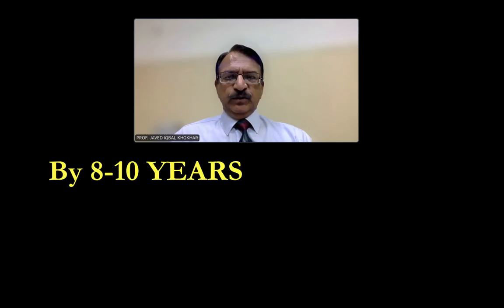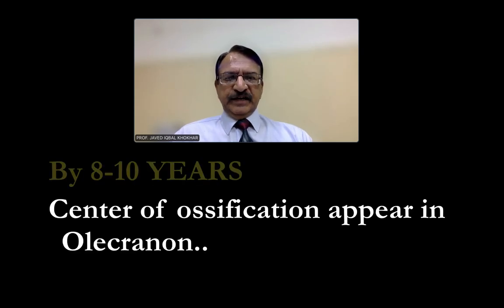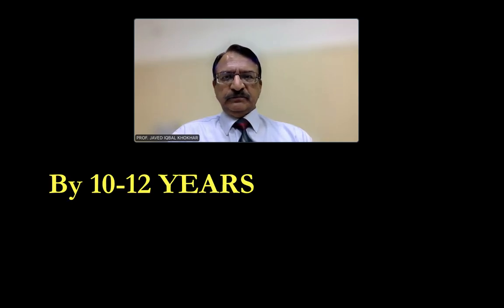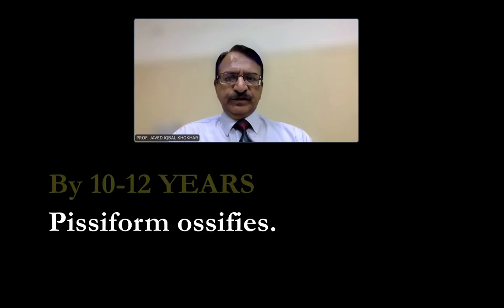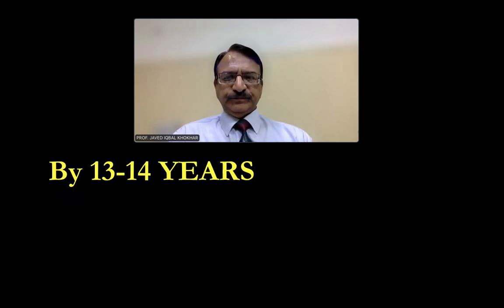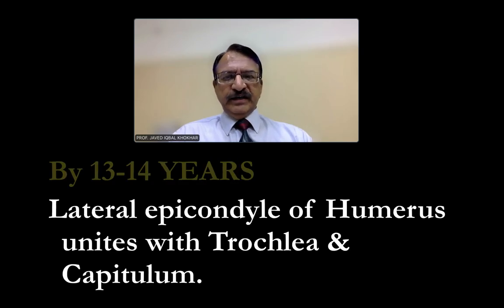And by 8 to 10 years, the center of ossification appears in the olecranon. By 10 to 12 years, the pisiform ossifies. By 13 and 14 years, the lateral epicondyle of the humerus unites with the trochlea and capitulum.